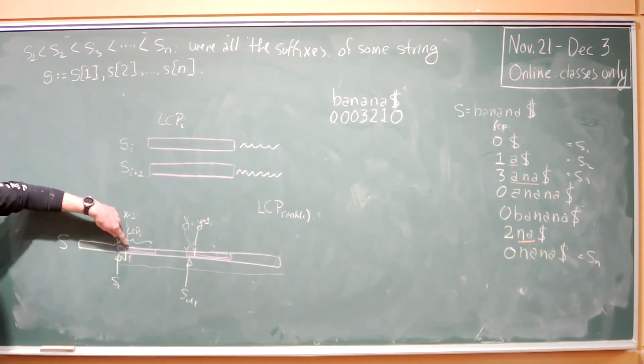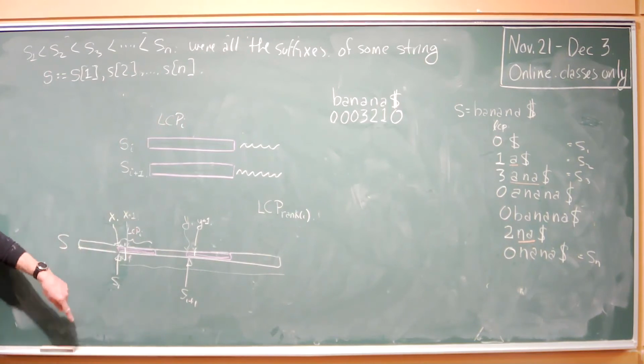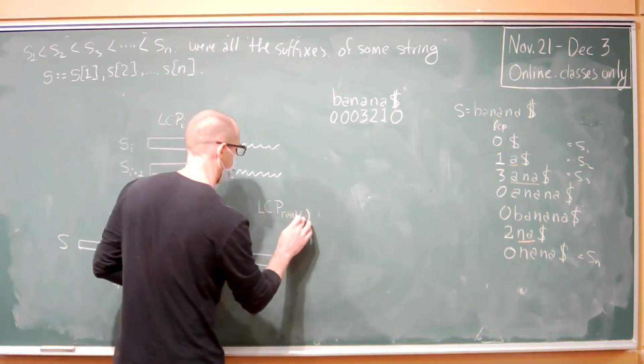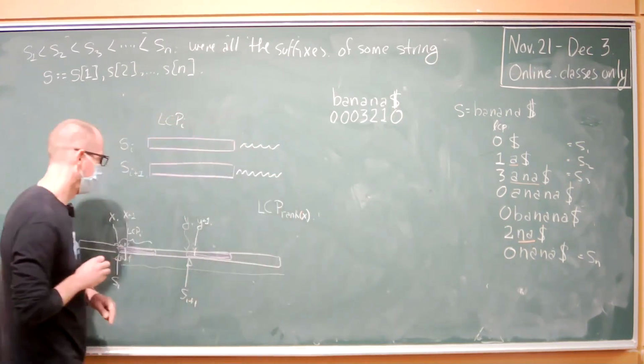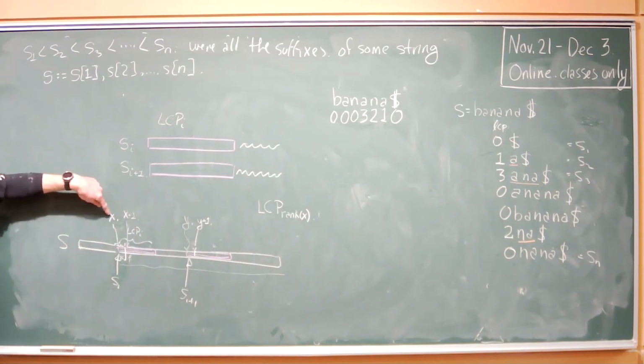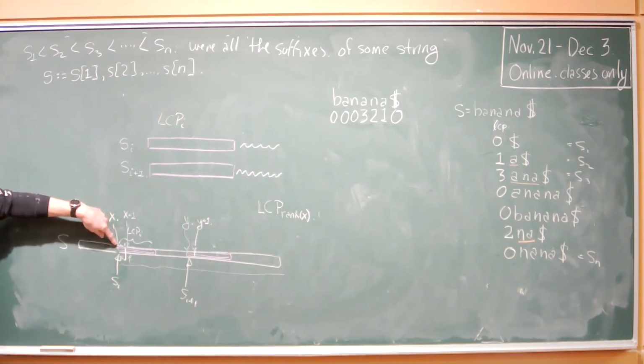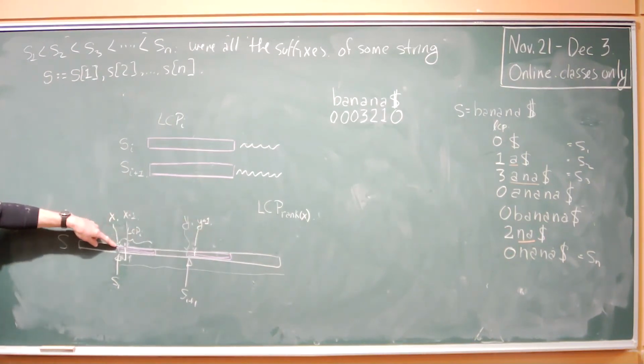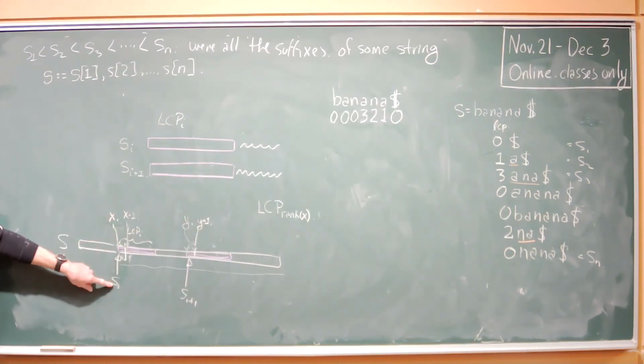So this thing here is the LCP of rank X. If I look at the string that starts at position X and goes to the end, its index i is equal to this rank that we talked about last class. It's the inverse of the suffix array.